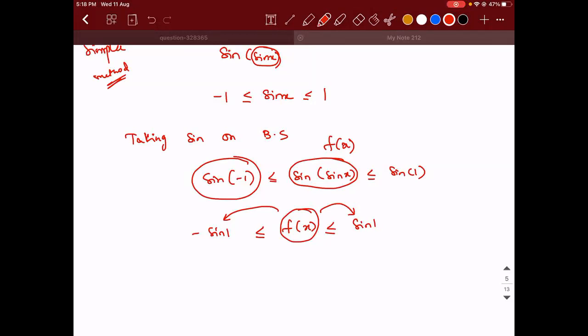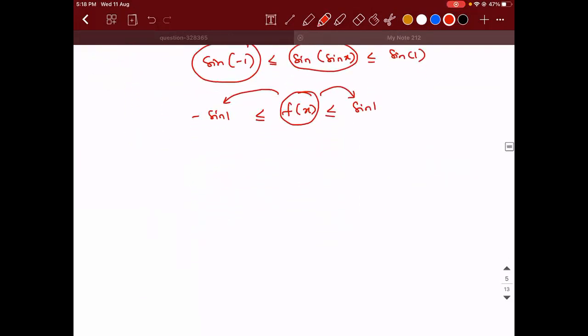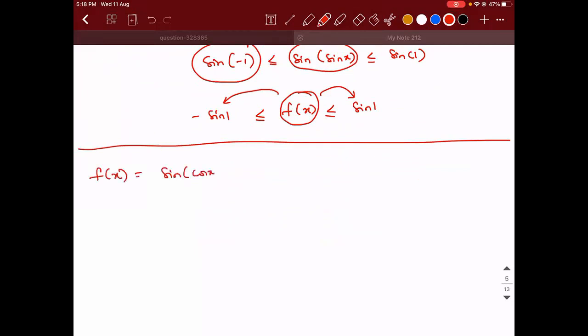Sir, can you see the range for cos x? It will not be the same for cos x. No, sir. Can you see the range for cos x, sir? Same, minus 1 to 1. So I will modify the question. Suppose they're asking the maximum and the minimum value of sine of cos x. Then what will happen? Cos x will be less than or equal to 1, greater than or equal to -1.